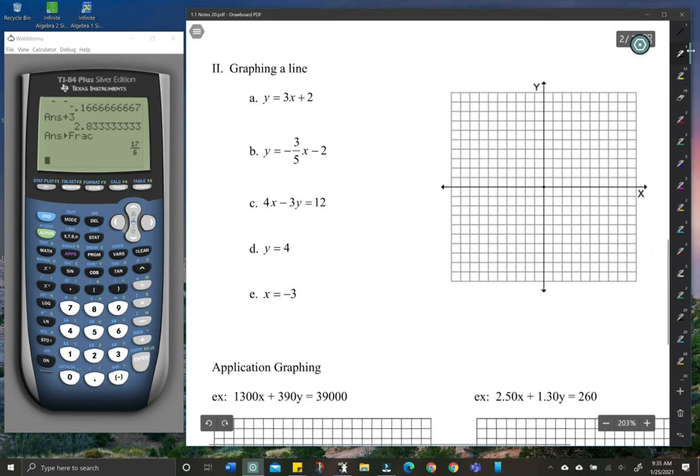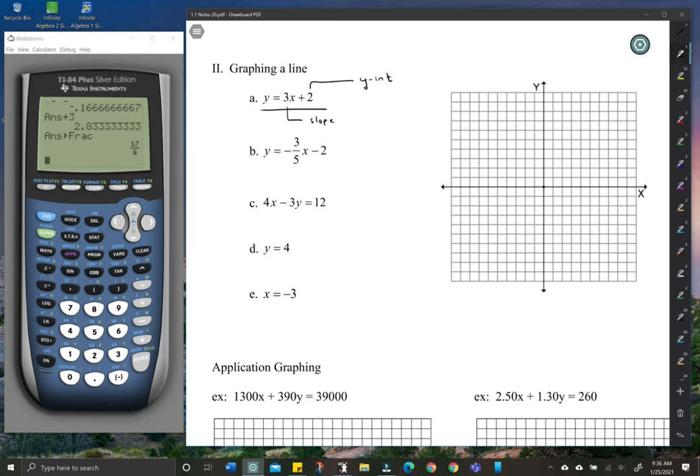If you're in slope-intercept, it's pretty nice because right there we got our slope, and right there we got our y-intercept. Now the y-intercept is always on the y-axis. So you're going to start at 2. That's where we start.